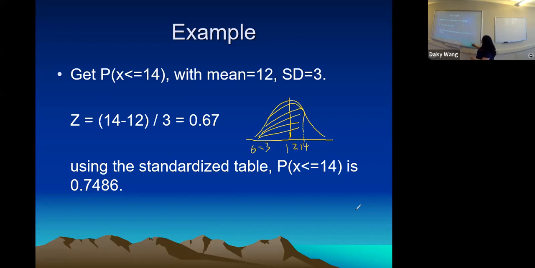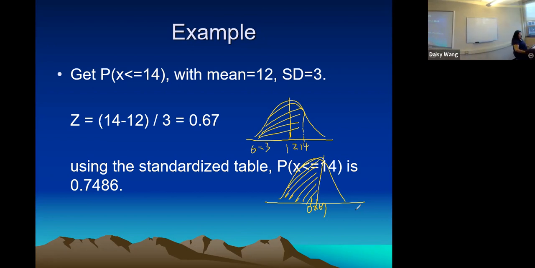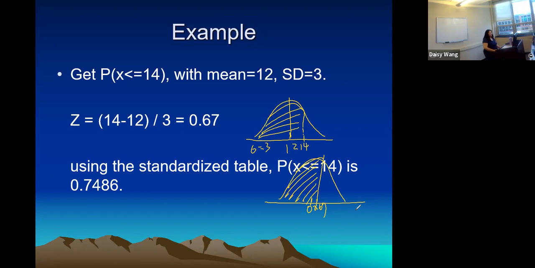So we should convert this to Z. The same chart: this will be 0. When we convert this to Z, it will be equal to 0.67. So it'll be here, 0.67. It's the exact same area, but now that we've converted it to Z, we can look at the Z table. When we look at the Z table, Z equal to 0.67, we can see it's 0.7486.